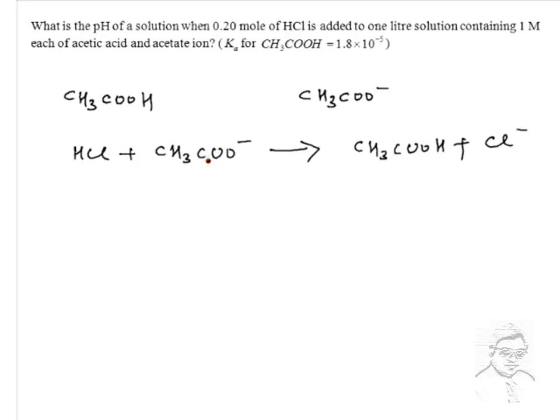Right? Initially there was some acetic acid and acetate ion concentration. Now HCl is eating acetate ions, reacting with them rather. So acetate ion concentration will drop and acetic acid concentration will rise. So pH will change.